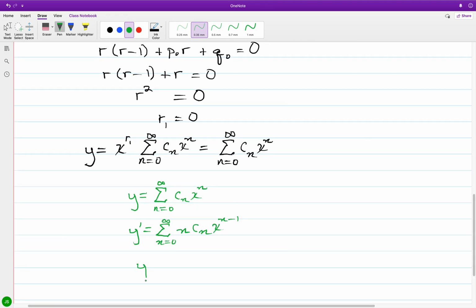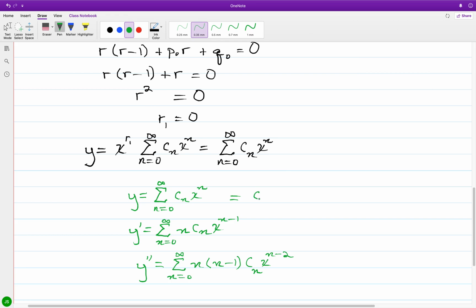And for the second order derivative, as n goes from 0 to infinity, we have n times the quantity of n minus 1, times c of n, times x raised to the n minus 2. And now, in this layout, let me give you the expanded form.